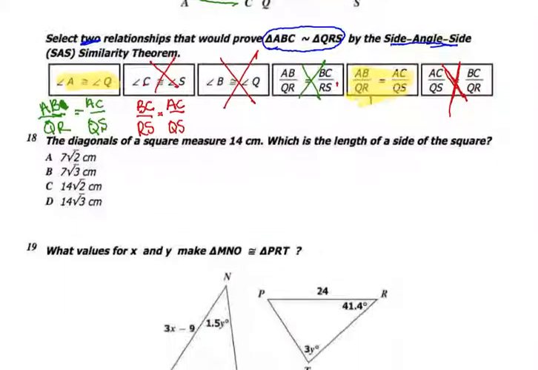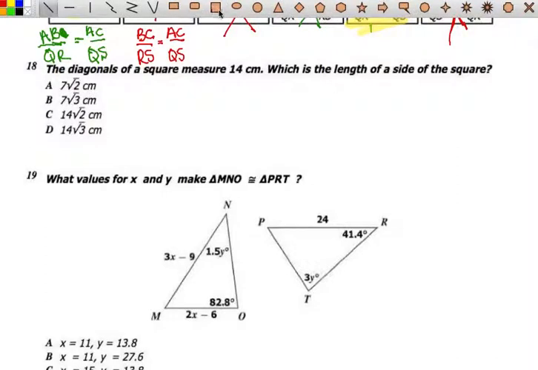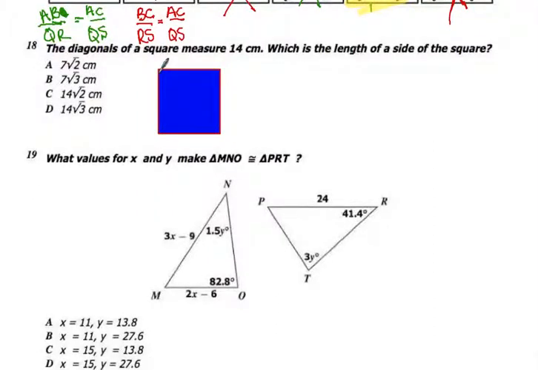All right, number 18. I saw this problem done in so many different ways. And what shocked me is, really, it was a way that I had never looked at this picture. Diagonals of a square measure 14 centimeters. Well, I'm going to draw you guys a good square because I want you to see exactly what's going on. So my diagonals, remember opposite corner to opposite corner, right here to here, and here to here.